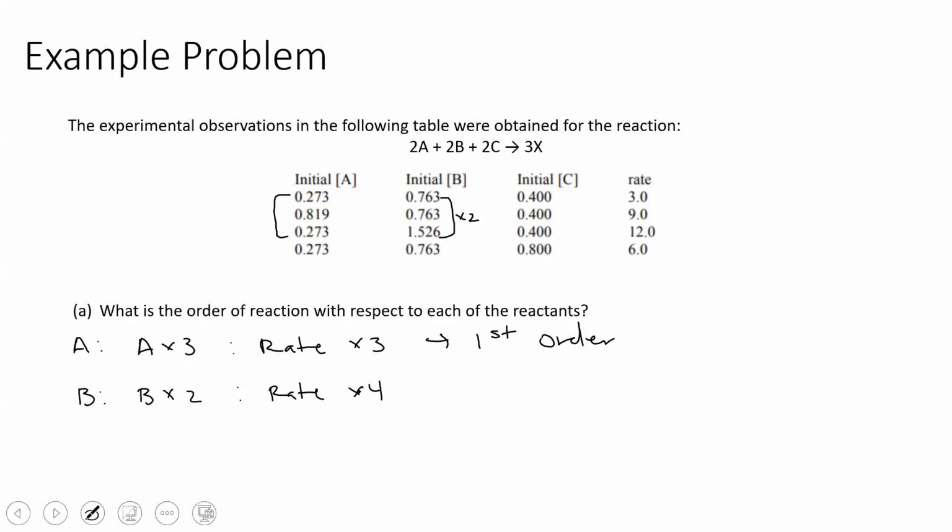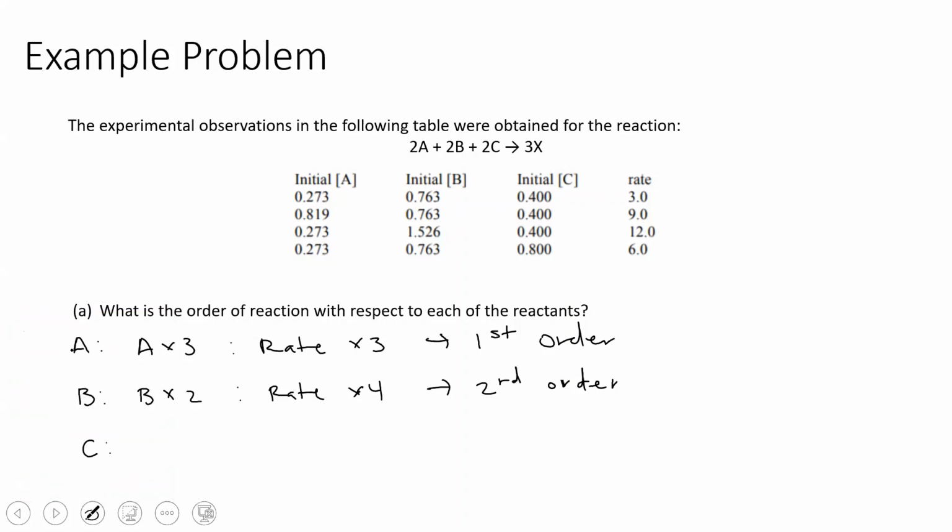Because this isn't times 1, it did change, we know it's not 0 order. And because it's not rate times 2, that means it's not first order. So that means we're left with second order with respect to B. And then let's go over C. For C, let's find the 2 that we're looking for.